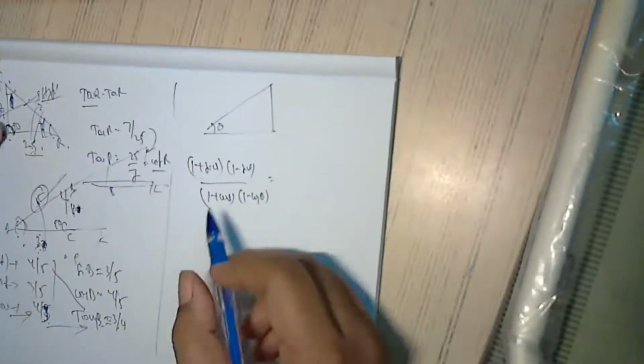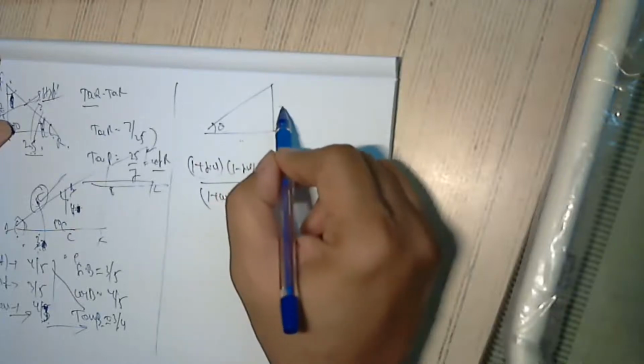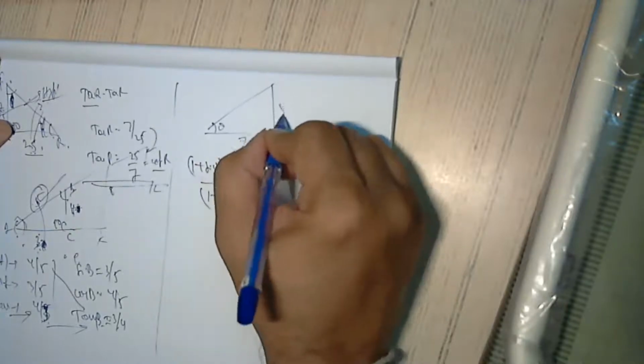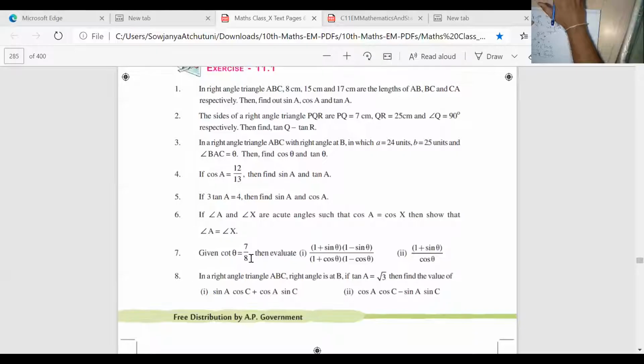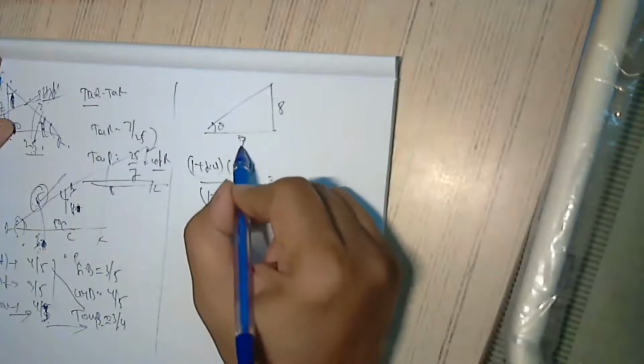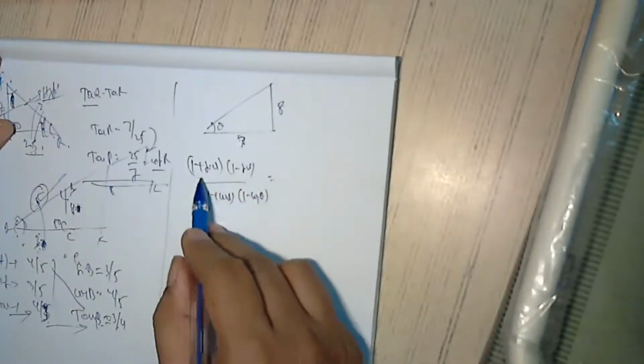What is cot theta? Tan theta is opposite by adjacent. Cot theta is adjacent by opposite. So this is 7, this is 8. 7/8 is given. Cot theta is 7/8, so tan theta is 8/7.